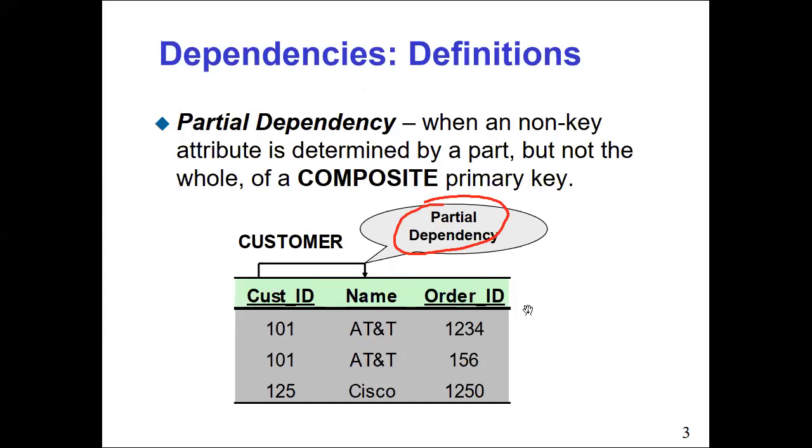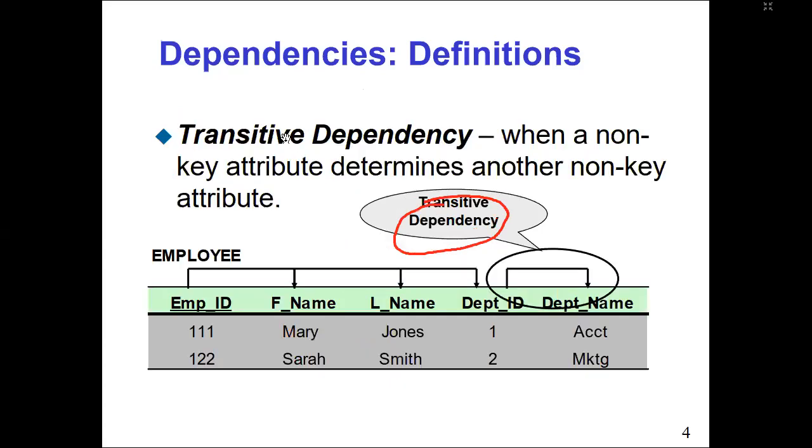Okay, right. The next one, as I taught you now, transitive dependency. You can see the department ID. The department ID is a non key because the primary key is here, right?